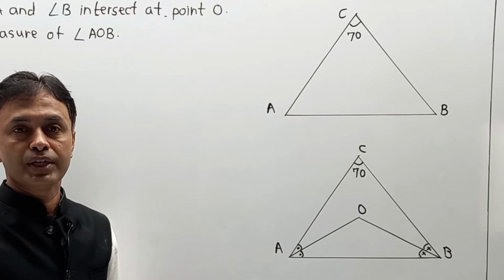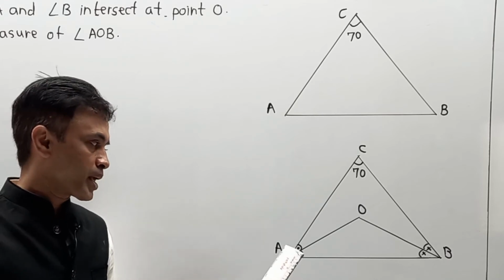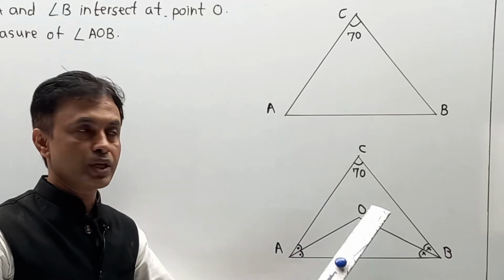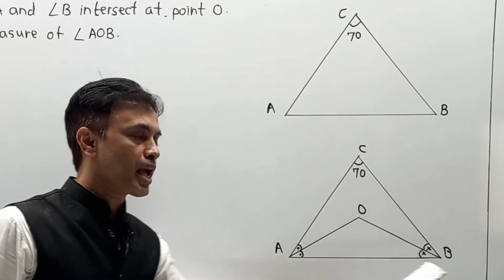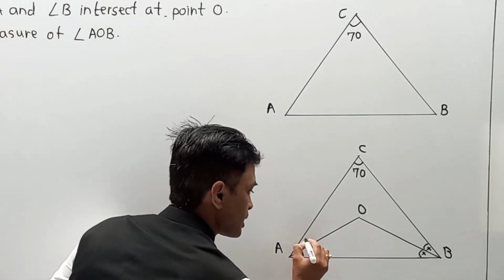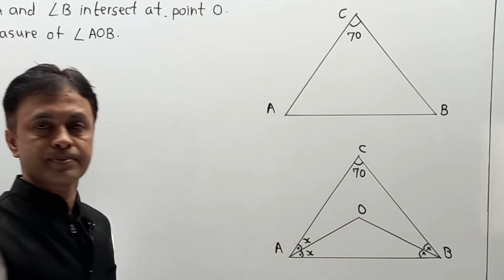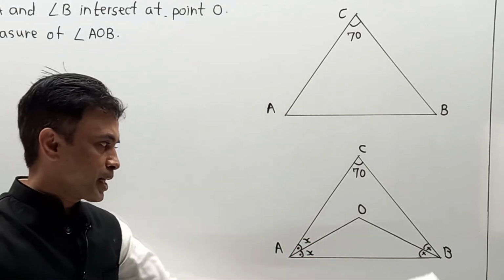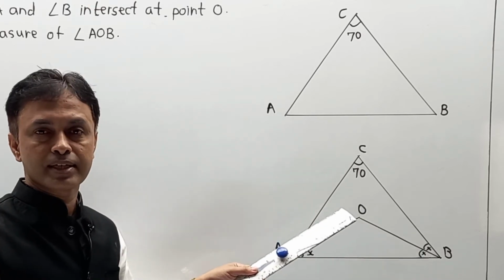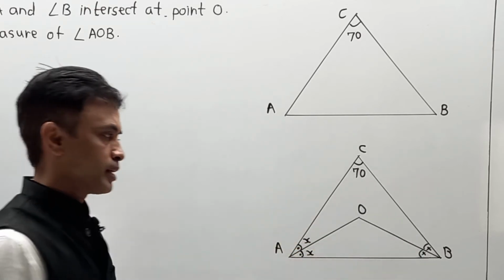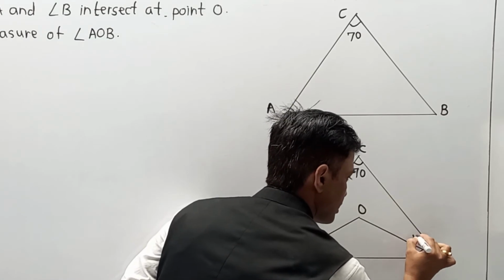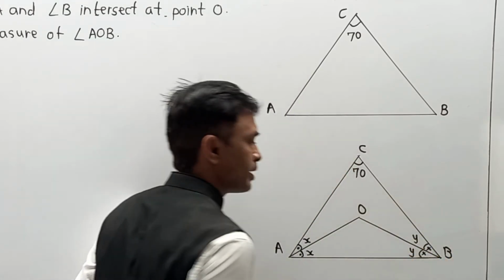Now how to solve it? Step by step, try to understand. As AO is the angle bisector of CAB, I am going to consider this angle as x and x. Similarly, BO is the angle bisector of the respective total angle B, so I am going to assume it as y and y.